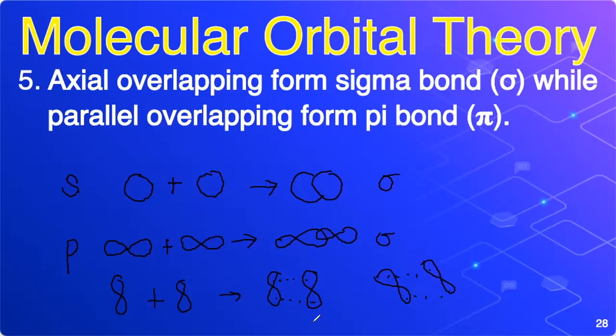So these are the two pi bonds. Again, for the s orbital, we have the sigma bond, while for the p orbitals, we have one sigma bond and two pi bonds. The sigma bond is axial overlapping, while these two pi bonds are parallel overlapping.